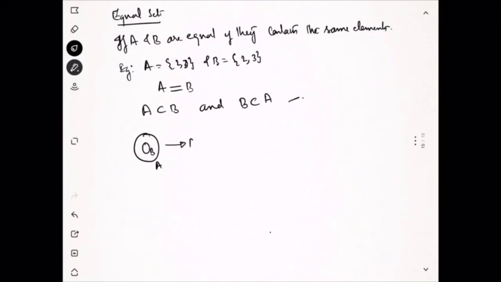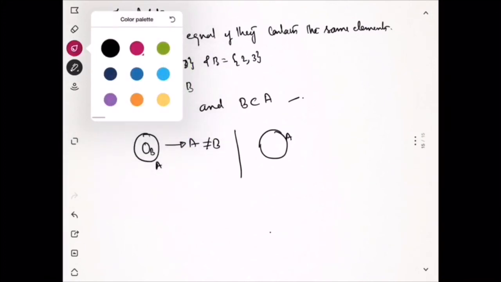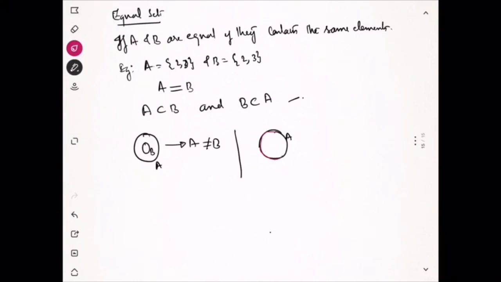Here in this case, A is not equal to B. Suppose you have another case, the set A, and another one, set B, on the same thing, then you can see that B is the subset of A and A is the subset of B. In this case, we can say that A is equal to B. So we will see some of the properties in basic set theory. One is the commutative property.